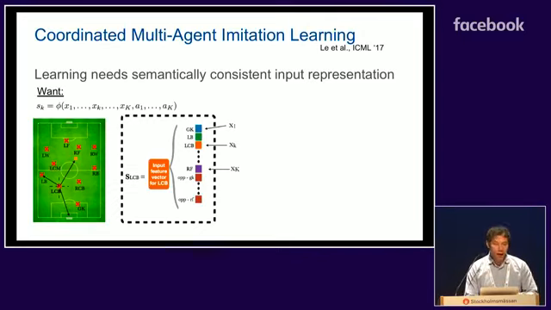This is fine if we feed in, say, a vector of word embeddings. But in the multi-agent context, we don't really have a natural way to have a semantically consistent input representation. For example, the feature vector of the agent acting in role 1 should come into the first slot, and the second role should correspond to the second slot, etc.